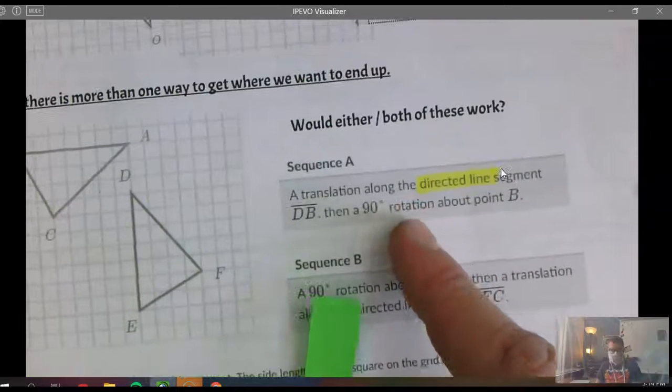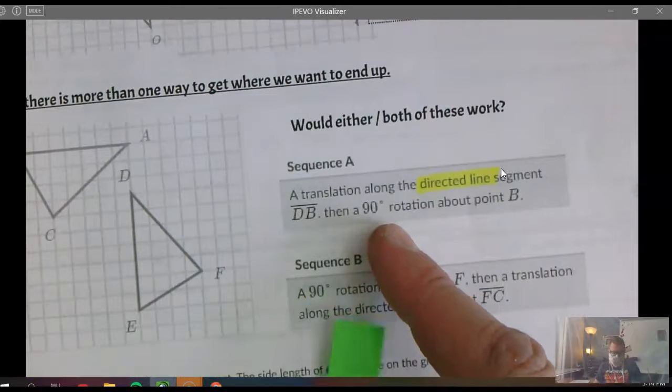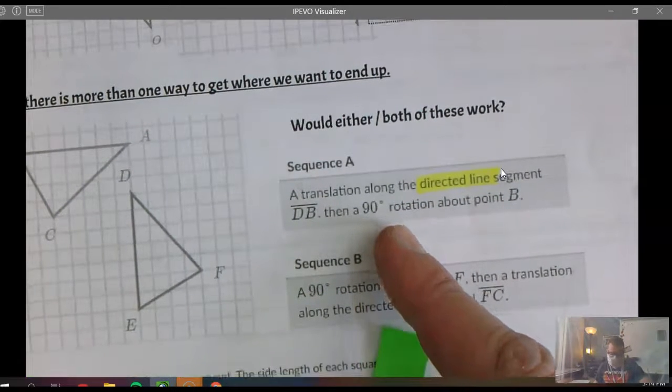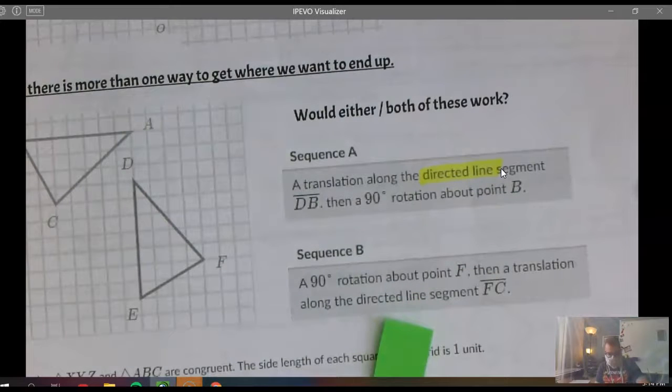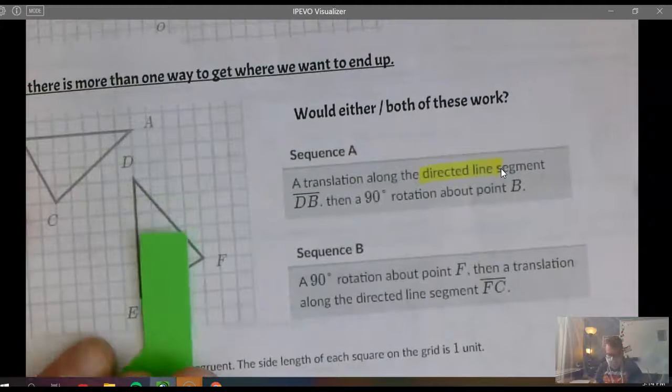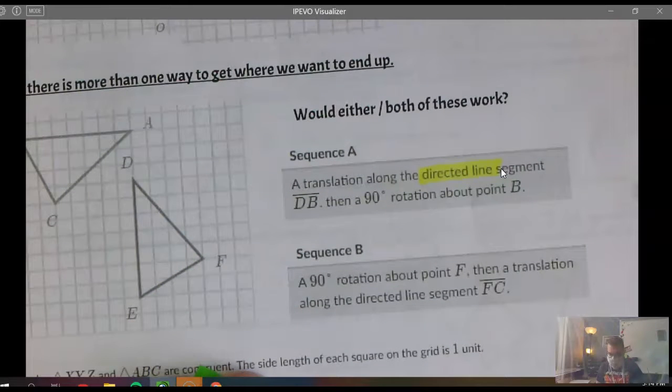Sequence A, not going to work. Rachel, what about sequence B? It also would not. I mean, neither of these work? Oh, dang. So neither of these work, guys? But here's the problem.